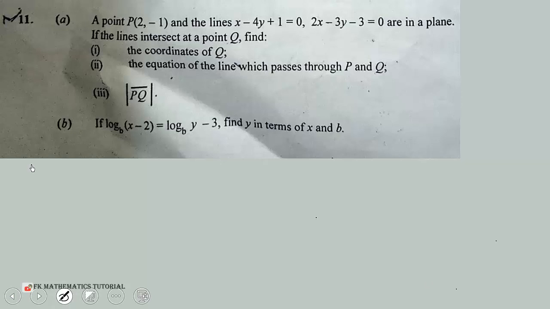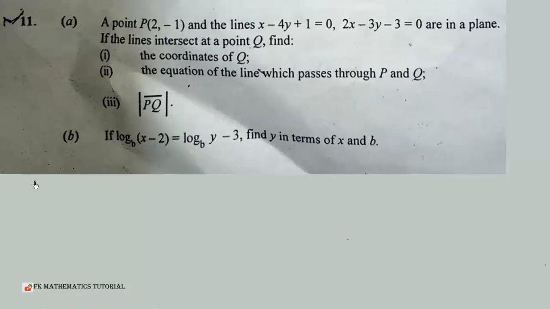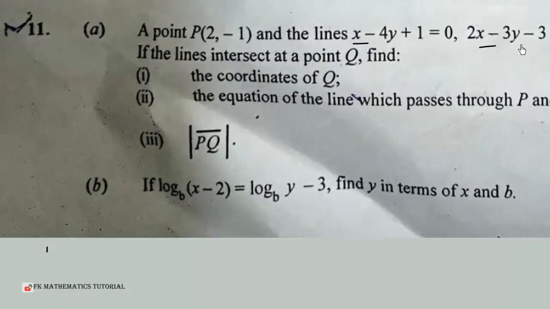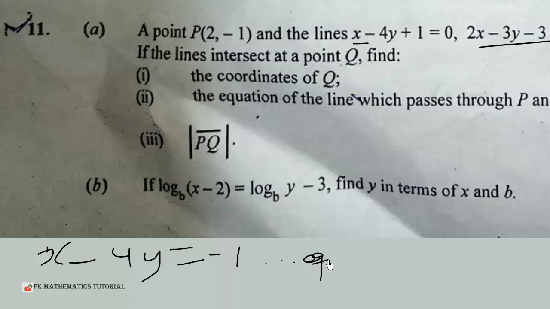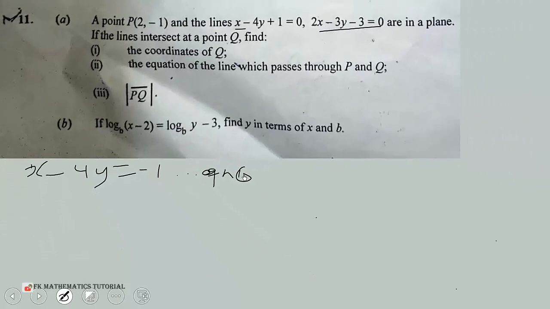With this one, we have to find the coordinates of Q. So the equations of the lines are this and that. We rewrite them in standard form. So x minus 4y is equal to -1, which is equation 1. Then the second one, we have 2x minus 3y is equal to 3, which is equation 2.